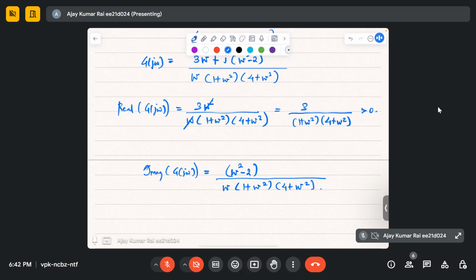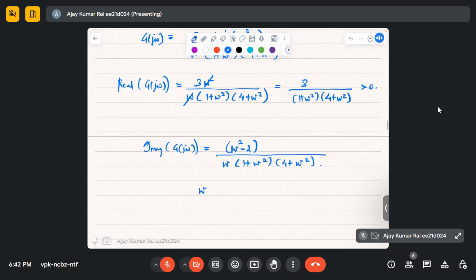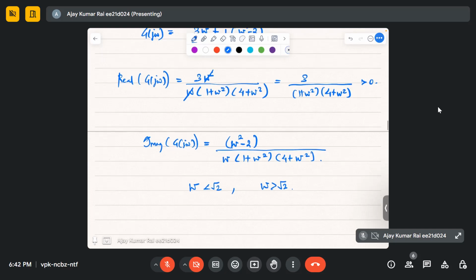But for the imaginary part, if you see, so we have two regions, right? Omega less than root 2 and omega greater than root 2. Okay, can you tell me for omega less than root 2, so imaginary part is positive or negative? Sir, negative.